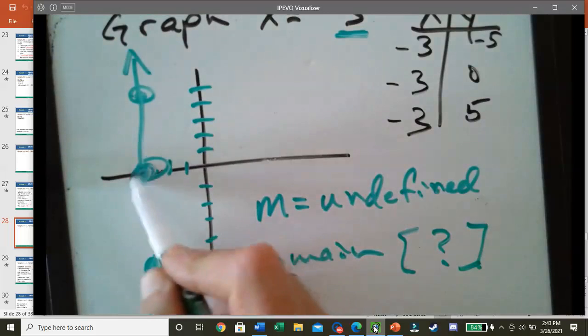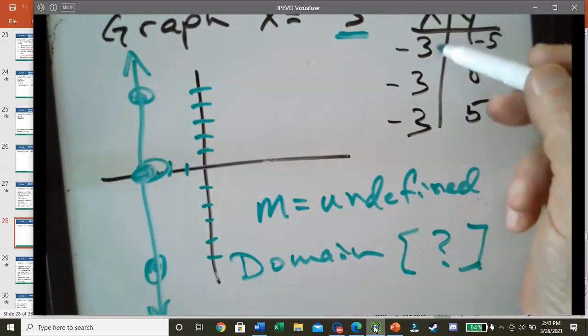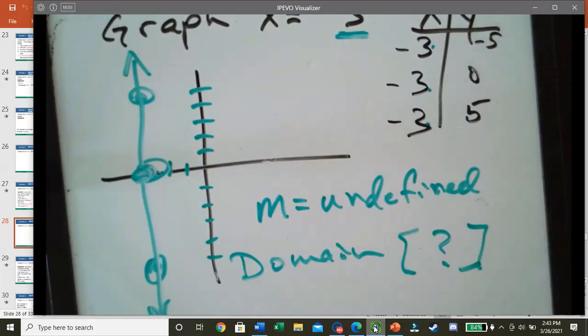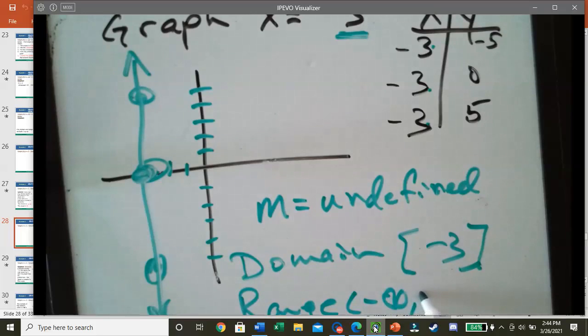What is this x value right here? Yes. -3, right? Domain is -3. The range, y, is going unrestricted, what? Negative infinity to infinity, right?